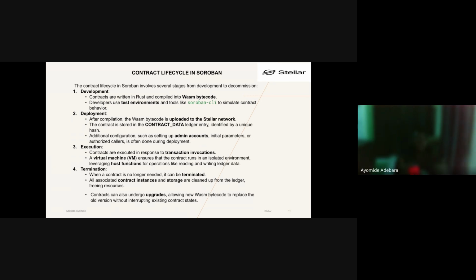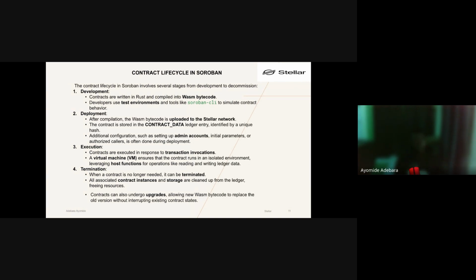The first stage of this life cycle is development. Obviously, you have to write out your smart contracts. The contracts are written in Rust and compiled into WASM bytecode.